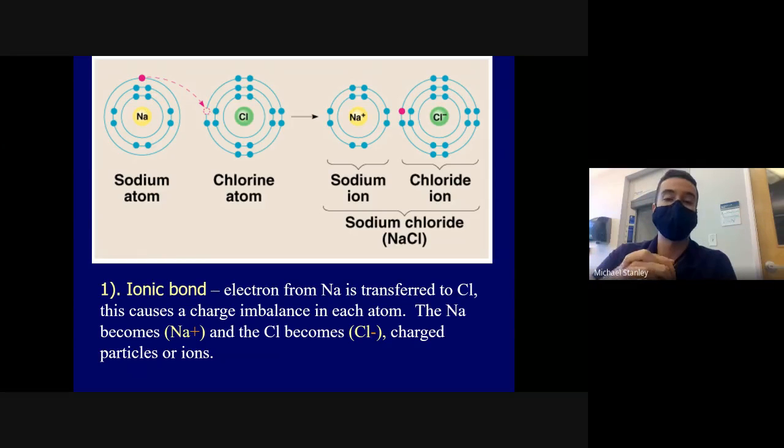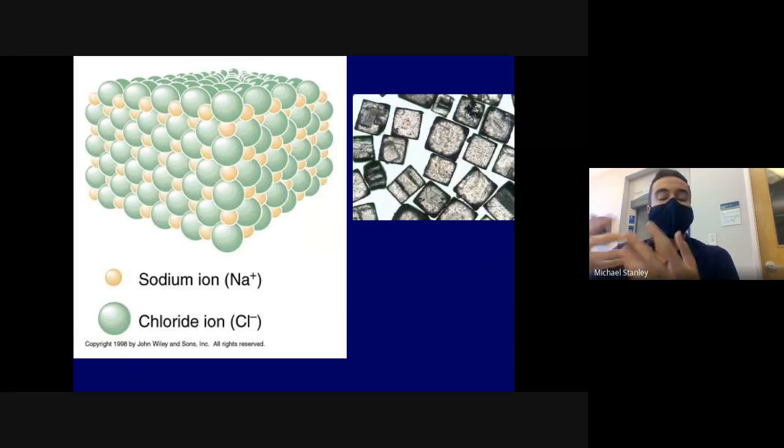They become stuck together because of that attraction. Like I said, sodium chloride is table salt. And so when you get tons and tons of sodium and chlorine ions stuck together, they can form these big clumps of what becomes table salt. So all of these little chloride and sodium ions are stuck together with those ionic bonds.